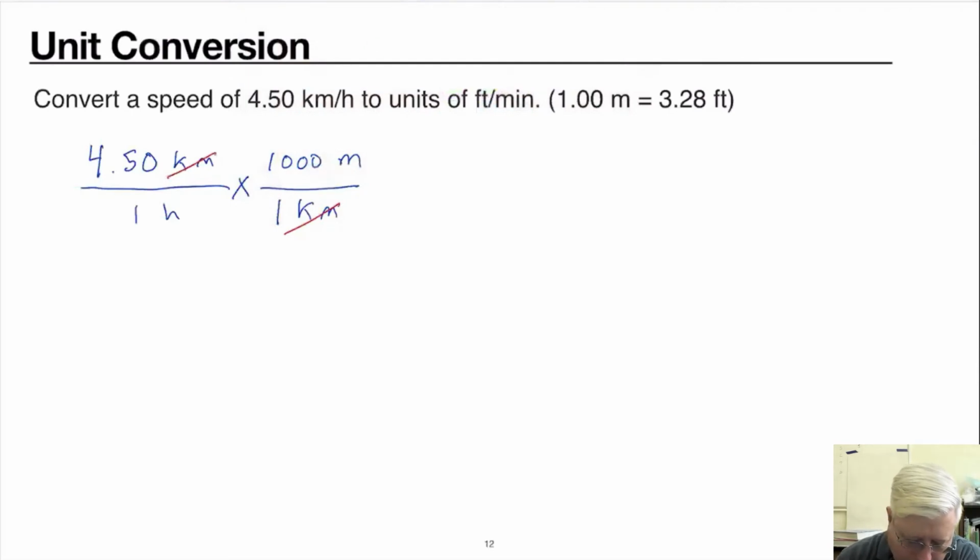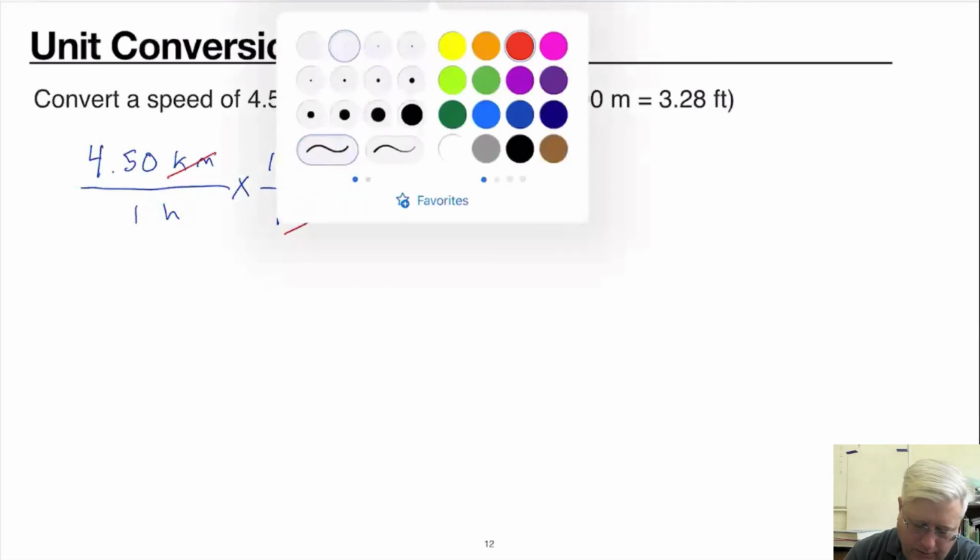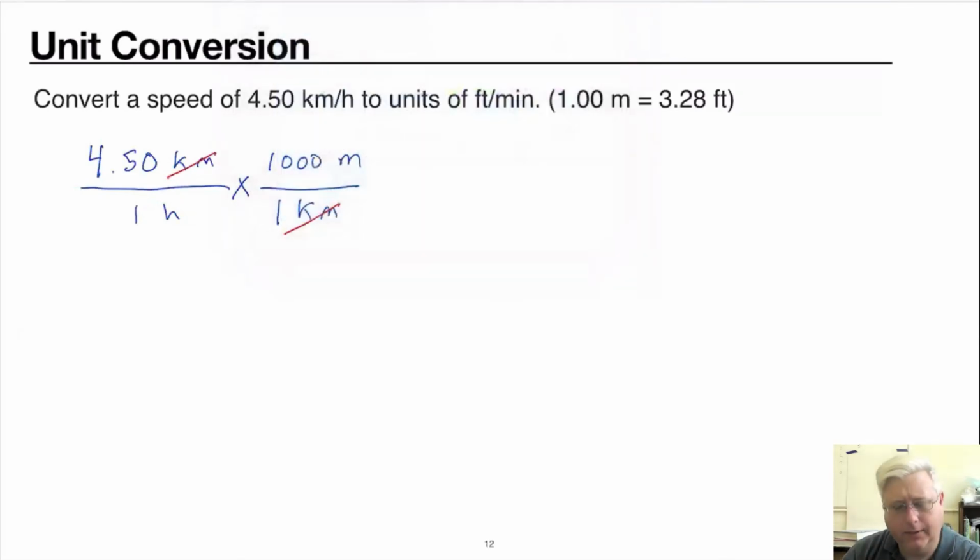What are we left with? Meters per hour. So we're starting to get there. We turn it into meters. You could multiply this out and do it again, or you could just keep going and place all these ratios together and go through it all at once. So that's what I'm going to do.